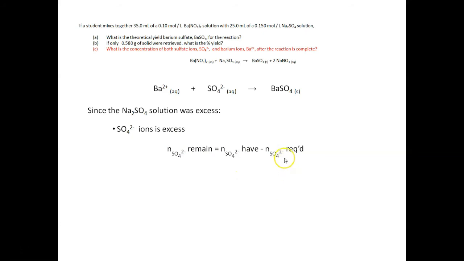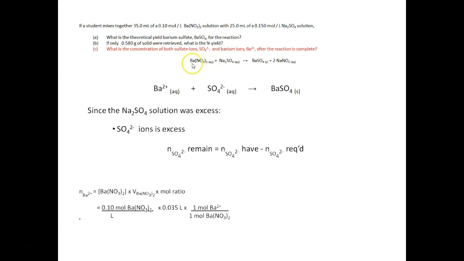So let's calculate our required first. To get our required, we have to calculate the moles that are required to react with this. Now, remember, this came from my barium nitrate. So my moles of barium ion, I'll calculate that first, is equal to the volume of the solution times the concentration times the mole ratio.